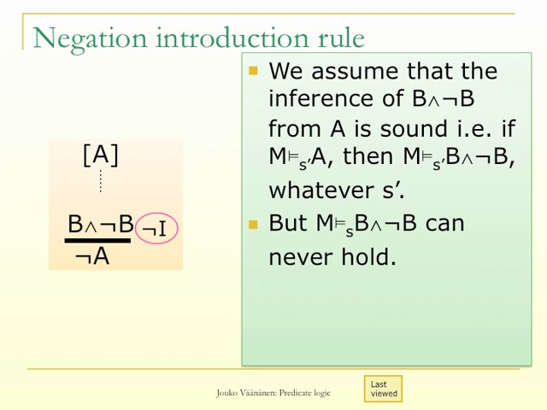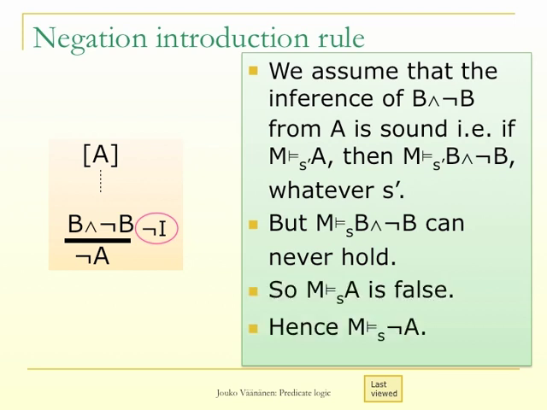Hence, by the truth definition of negation, S satisfies negation A. Note that this does not mean that S does not satisfy A, whatever S is, only that S does not satisfy A for those S that satisfy the original assumptions B1 to Bn in M.